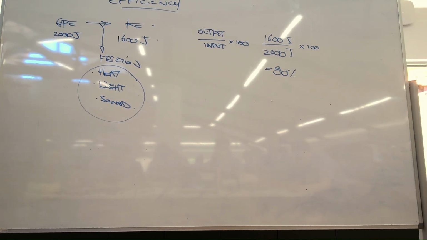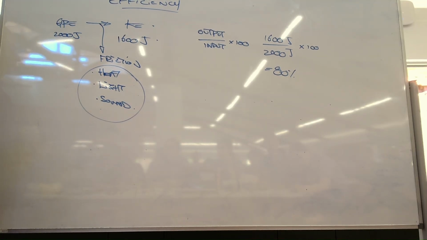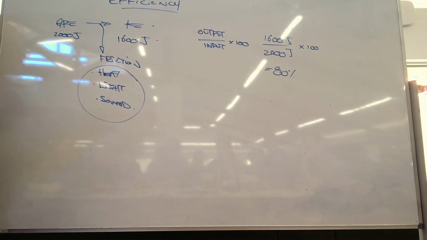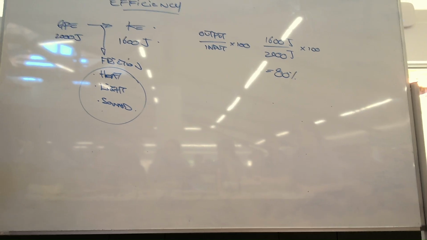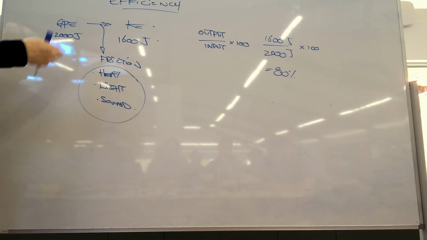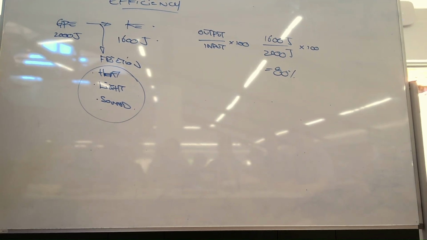Okay? But this might change depending upon what you consider useful. You might think that the heat energy is useful, and so that would become the output. It all depends on what you consider the useful energy. Yes? Is there ever a time where we need to find out how much heat is wasted or how much light? Well, they'll tell you some amounts, and then you need to use that to work out the efficiency.